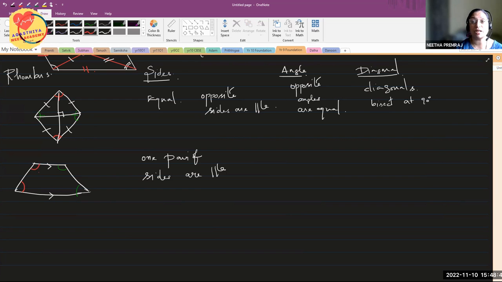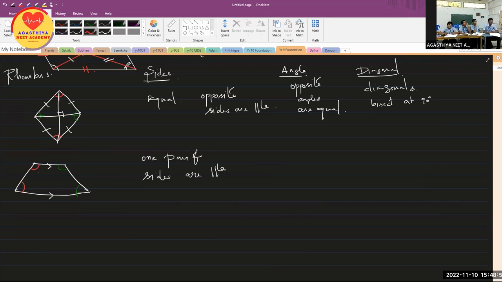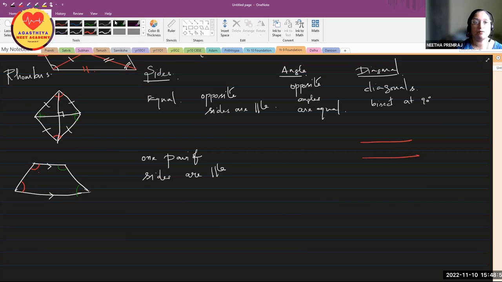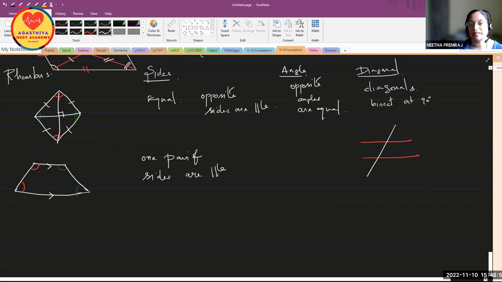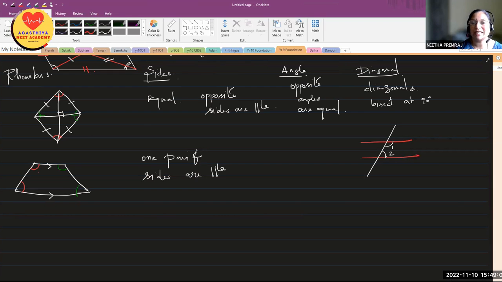So you must have studied co-interior angles, isn't it? See, if two lines are parallel and one line is a transversal line, these two angles, I named 1 and 2, are called co-interior angles. So sum of co-interior angles equal to what? 180 degree. So co-interior angles make 180 degree.